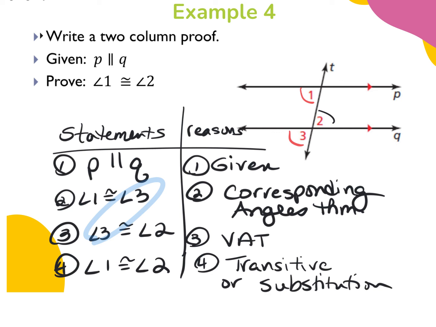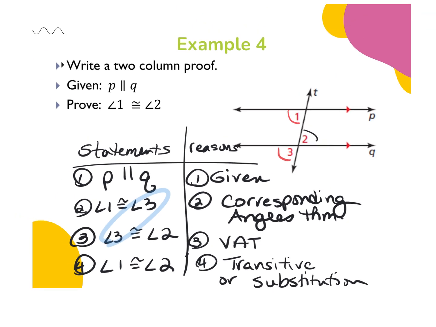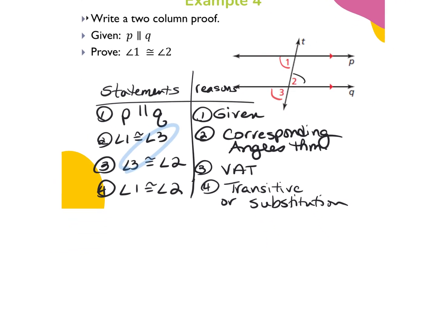Yes? Could you also use alternate interior angles theorem? So, yep, so that's what I'm going to tell you now. So this was just the proof of the theorem, but now that you've been taught the theorem, what he just said was perfectly true. Because we now know the theorem, we could have solved this question in 2 steps. So we could have done our statements and our reasons.